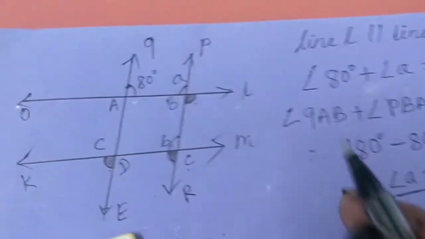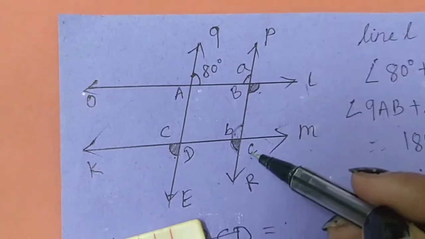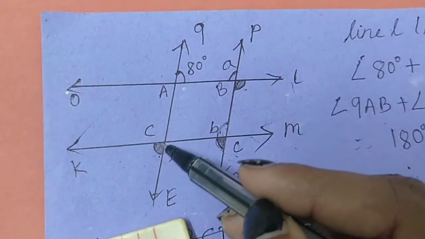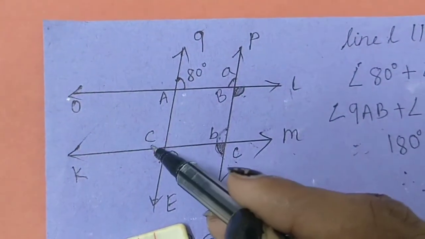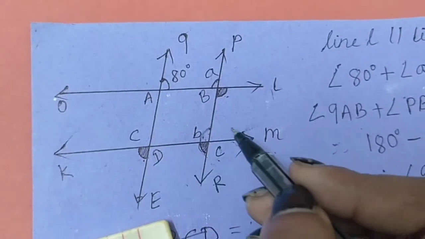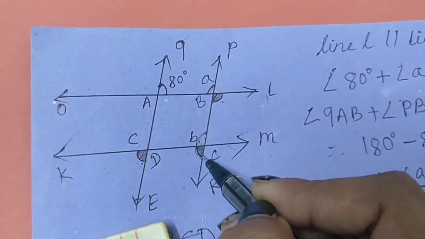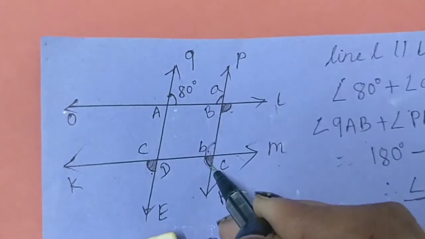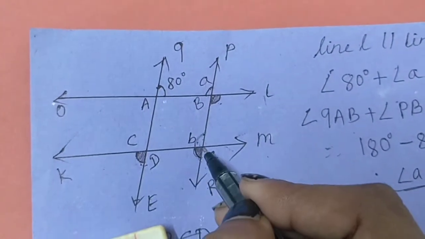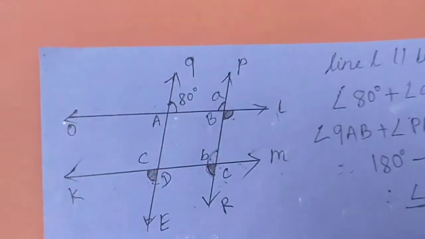Now we need to find this angle C. Angle C is here. This is capital C and this is small c, don't get confused please. If this angle is 80 degrees, then this will also be 80 degrees because they are corresponding angles, and corresponding angles are congruent.